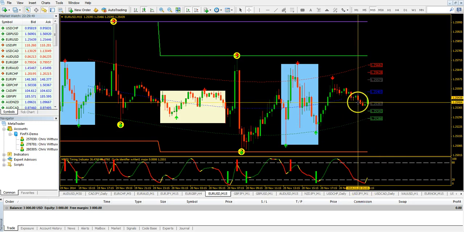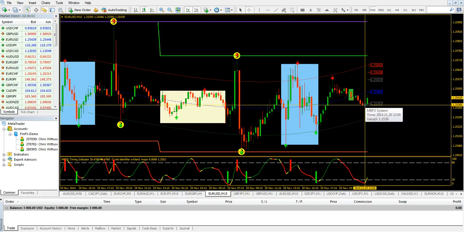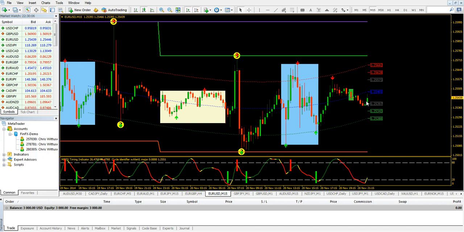So if you would have paid attention, you would have started looking at either going short here or starting to look for the reversal candle, which this is kind of a reversal candle, but not the best one there is.